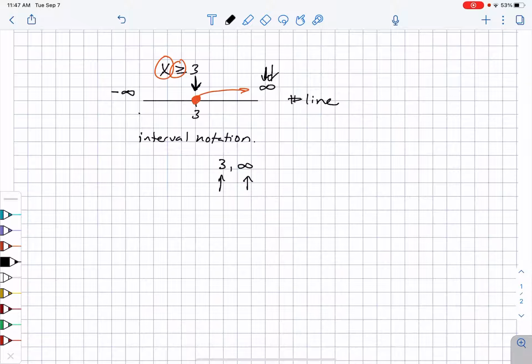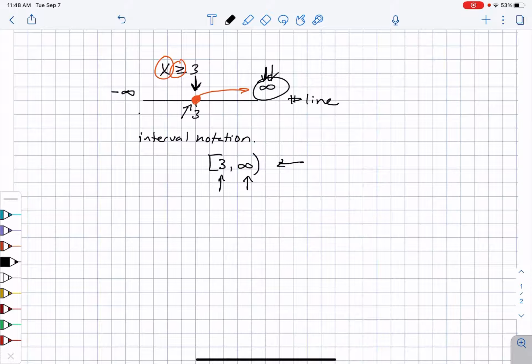And then we put either square brackets or round parentheses around the numbers to dictate open hole, solid hole. So because this is a solid hole at 3, this is going to get a square bracket. And infinity always gets a round bracket. So this is what we call interval notation.